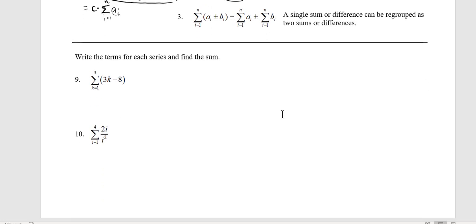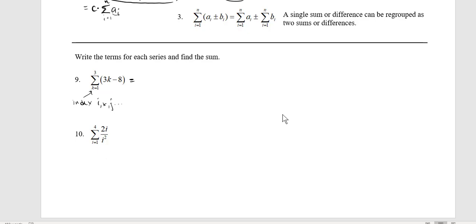So let's see how we can use these to help us solve these problems here. For example, here, the sum from k equals 1 to 3 of 3k minus 8. Well, where's our i? It doesn't matter. This is a dummy variable. Whether we call it an i, a k, a j, any letter will work.